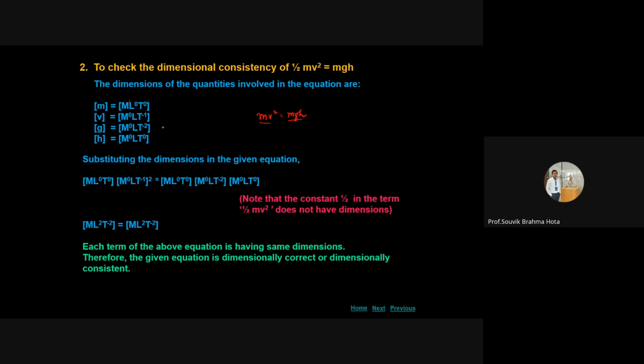How is it half mv square? An object is coming with v square is equal to u square plus 2gh, and v square minus u square is equal to 2gh. So h is equal to v square minus u square divided by 2g. Correct?